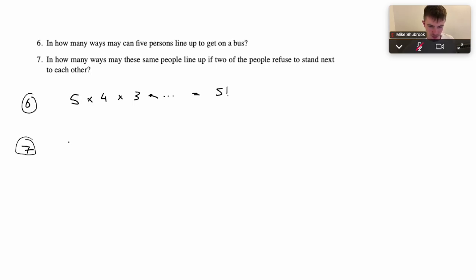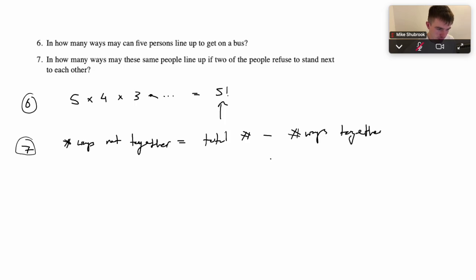So the easiest way to think about this is, the number of ways these 2 people are not together is going to be the total number of ways that these 5 people can stand together, which was 5 factorial, minus the number of ways that they are stood together.